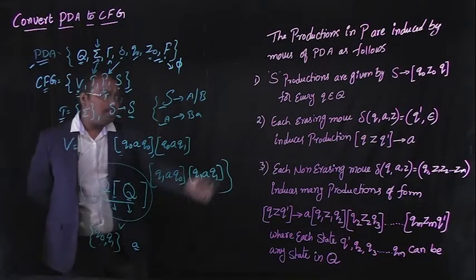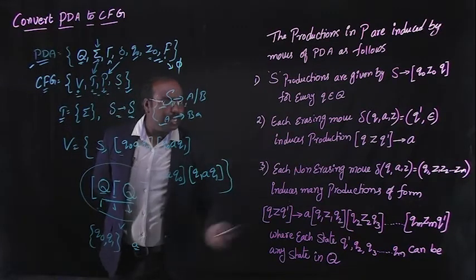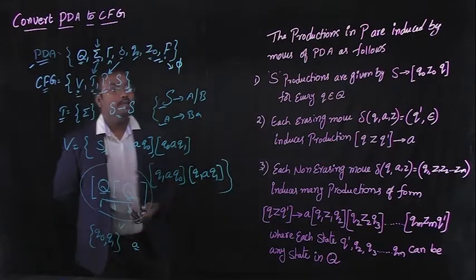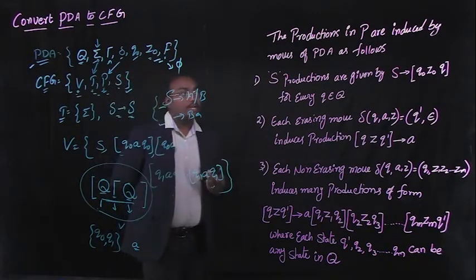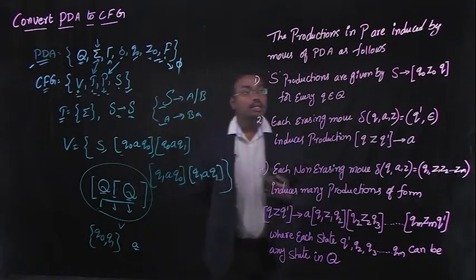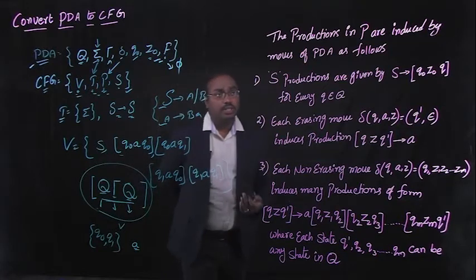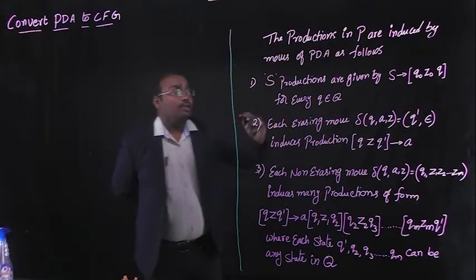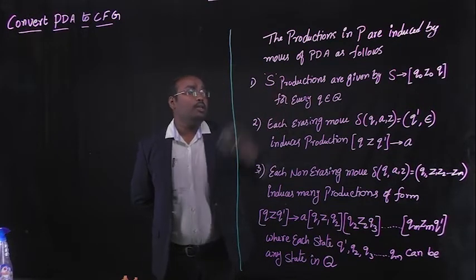Here we can follow 3 steps to form the production rules from the given transition function. So these are the 3 steps we can follow to extract the production rules.